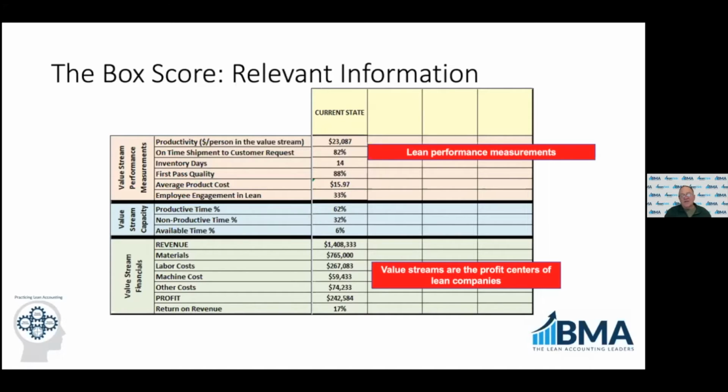So all of the steps that are required and necessary to take the order and deliver the product or service, that's your value stream.